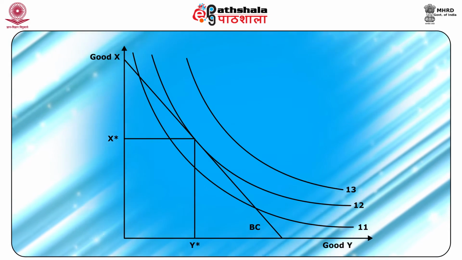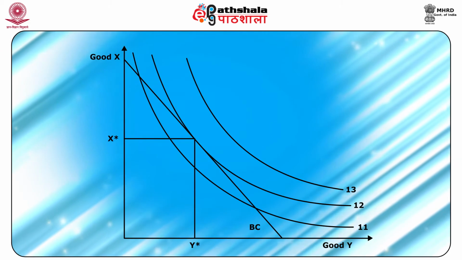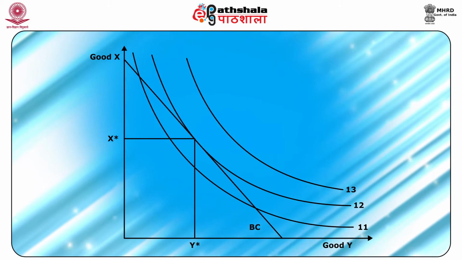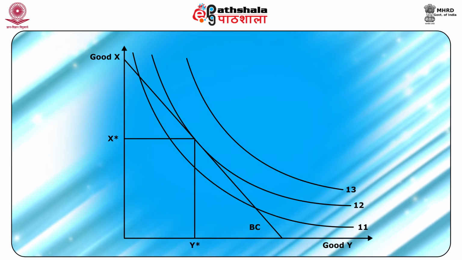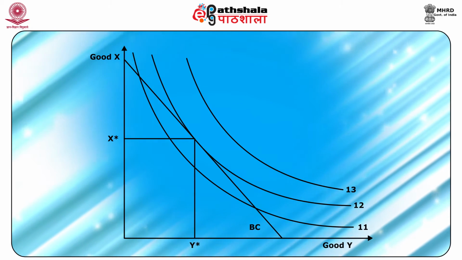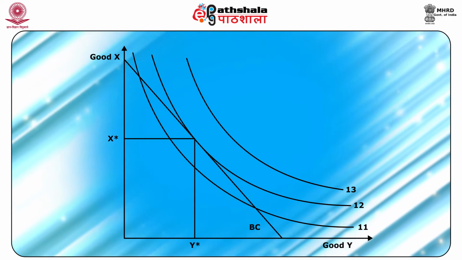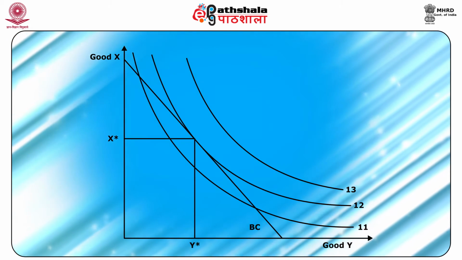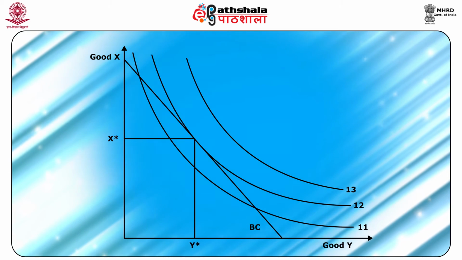Here BC stands for the budget constraint, and then you have indifference curves I1, I2, I3 and so on, and X star and Y star are the quantities consumed respectively of commodity X and Y. Under consumer equilibrium, the slope of the budget constraint BC is Px/Py, and the slope of indifference curve I2 is MUx/MUy, which is the marginal rate of substitution.